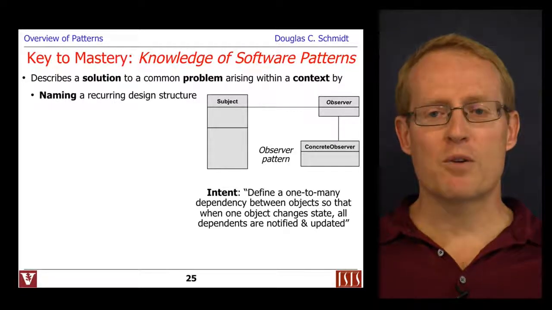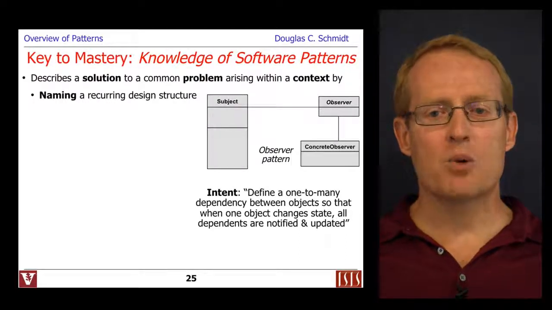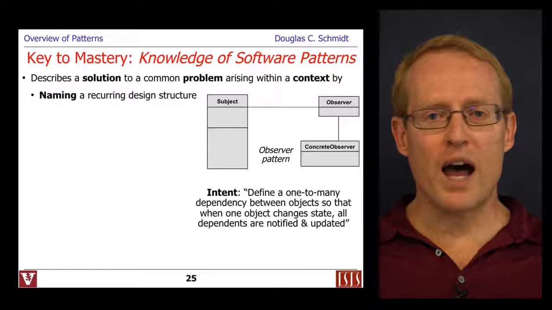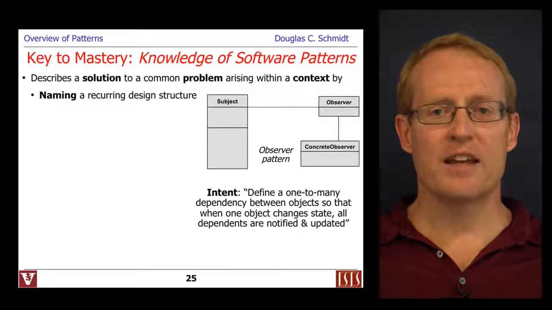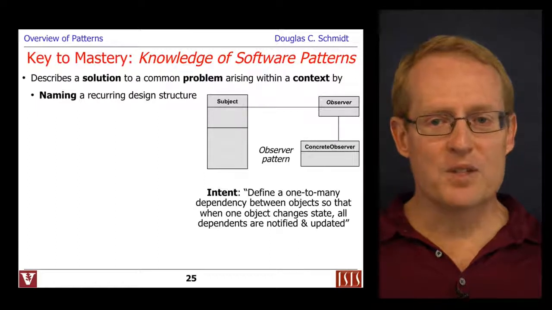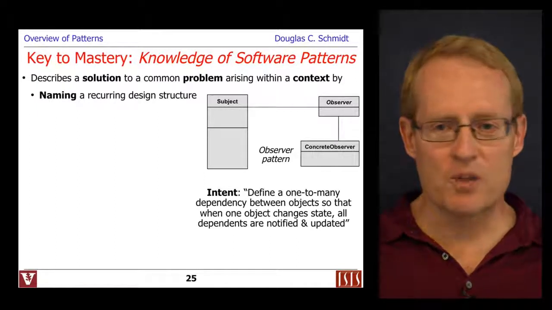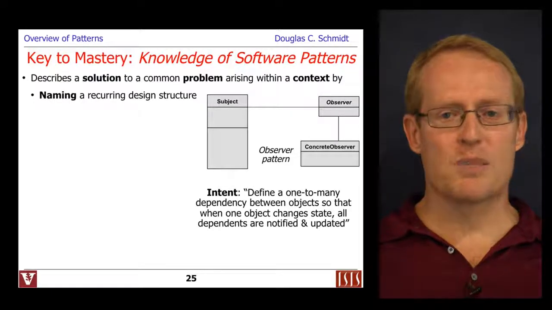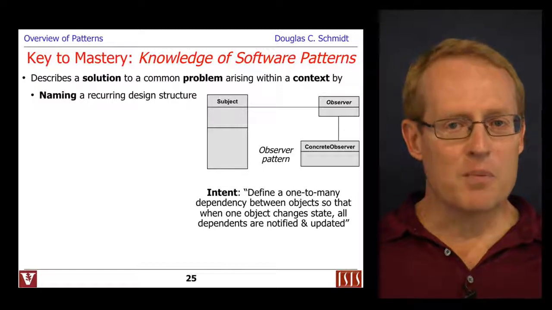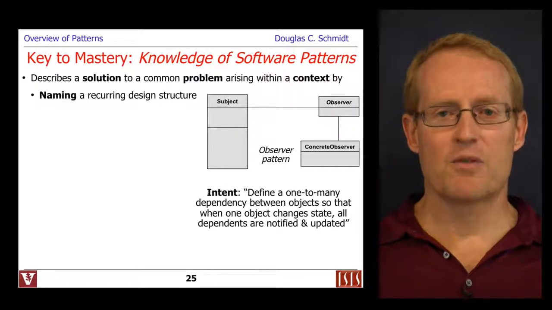The intent of the observer pattern is to define a one-to-many dependency between objects so that when one object changes state, all the dependents are notified and updated. And if you look at this diagram, you can basically get a sense of the rough structure. There's something called a subject, and it's related somehow to something called an observer, and that's related to something called a concrete observer. And that's the basic sort of picture you should keep in the back of your head when you think about the observer pattern.